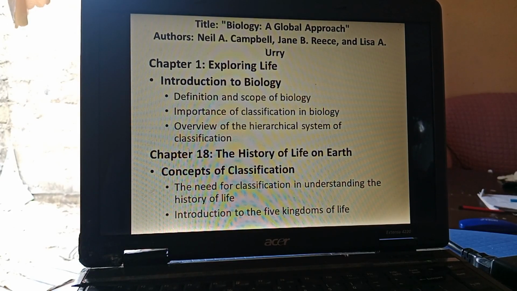The international book is titled Biology: A Global Approach. The authors are Neil A. Campbell, Jane B. Reece, and Lisa A. Urry. And in that book, the topic is in chapter 1, Exploring Life.